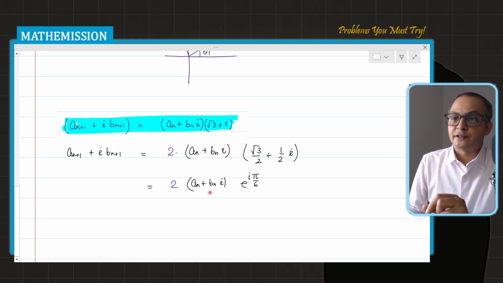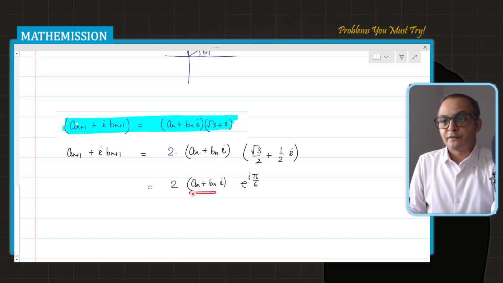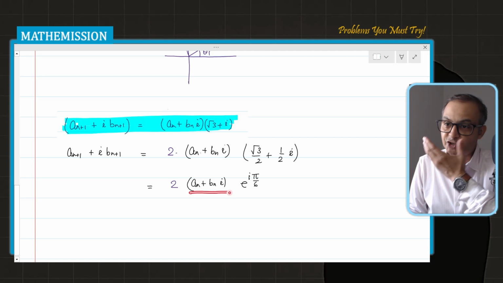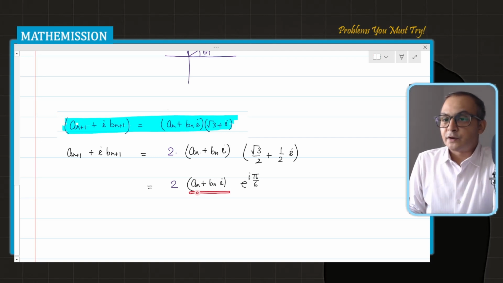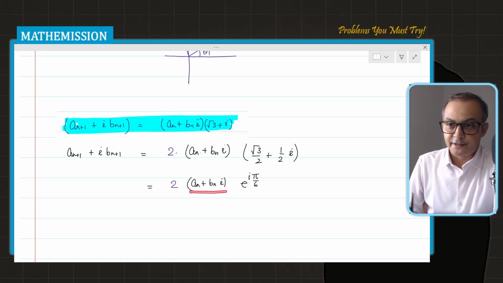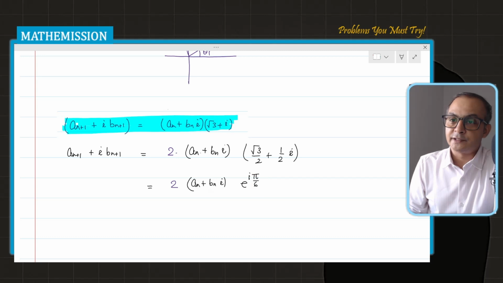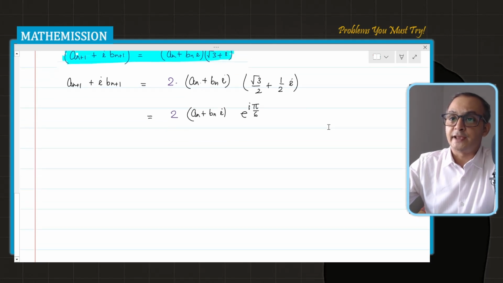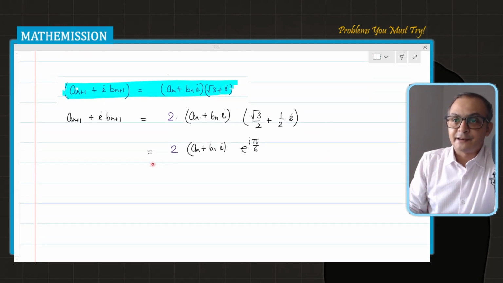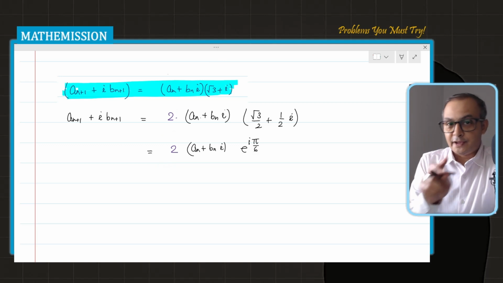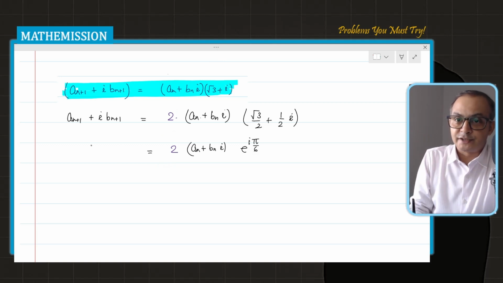And now try to read this whole scenario. Whatever complex number I have initially, and wherever its position is in this Argand plane, you are rotating it by pi by 6 units anti-clockwise, and you are scaling it up by 2 units. So suppose I have to find the second ordered pair in this whole series or sequence.